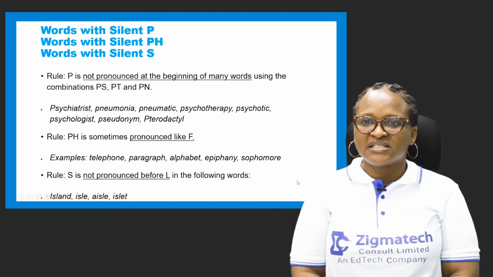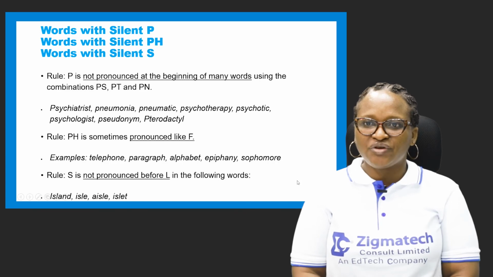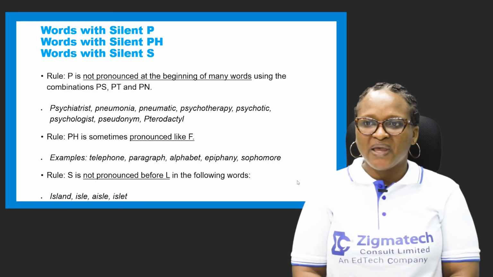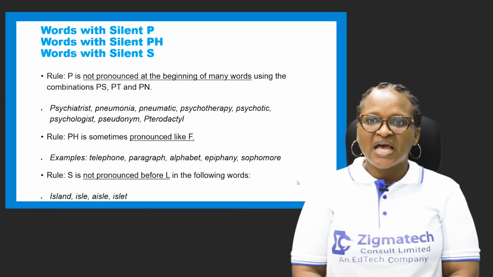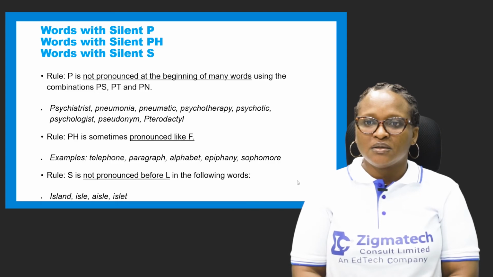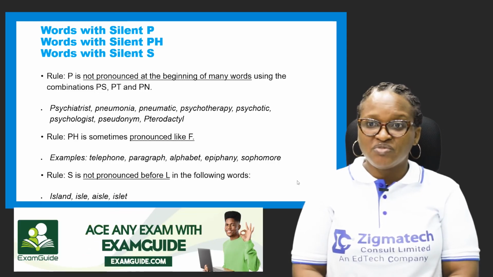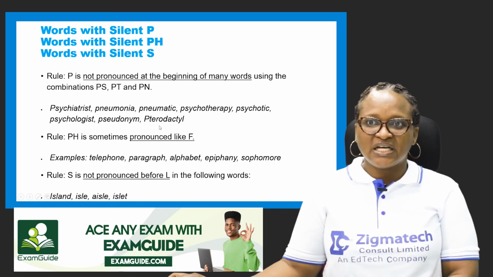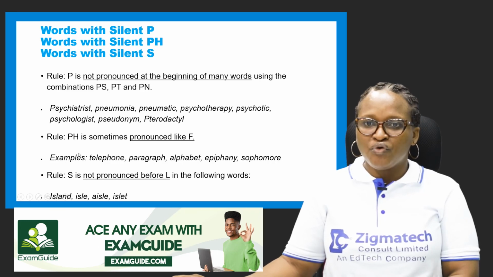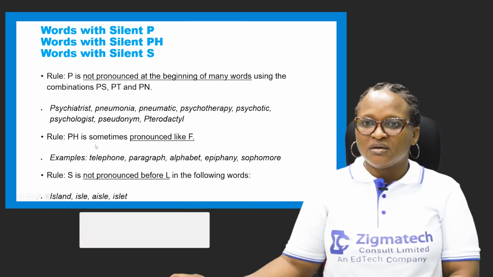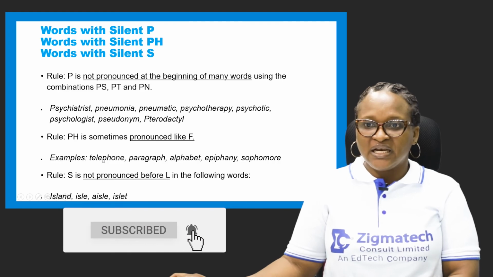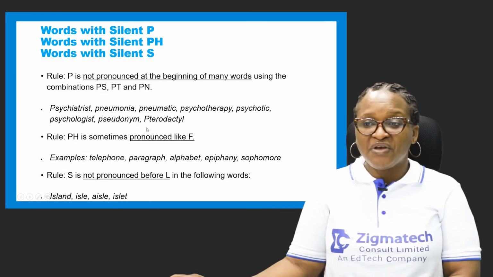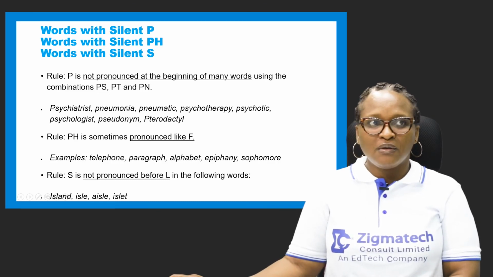P is silent in these words: psychiatric, pneumonia, pneumatic, psychotherapy, psychotic, psychologist, pseudonym, and pterodactyl. So you see that the P's are not pronounced. In PH, sometimes it is pronounced like F: telephone, paragraph, alphabet, epitaph, epiphany, and sophomore.